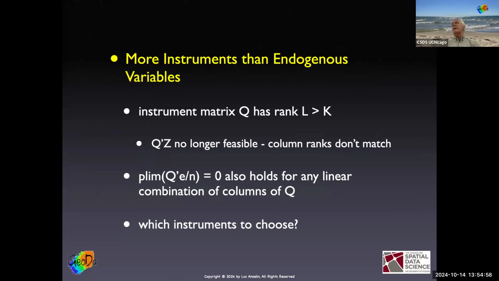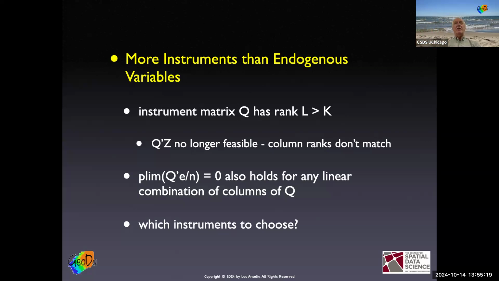Which one do you pick? For an instrumental variable estimator, you need to pick one. You can pick any one of the 3 if they satisfy the conditions: if they're uncorrelated with the error term and correlated with the original endogenous variable.